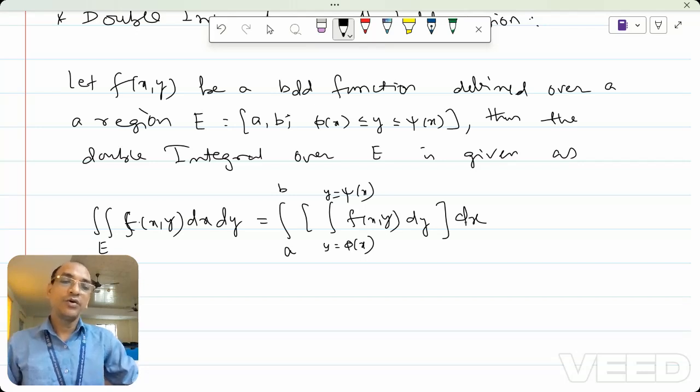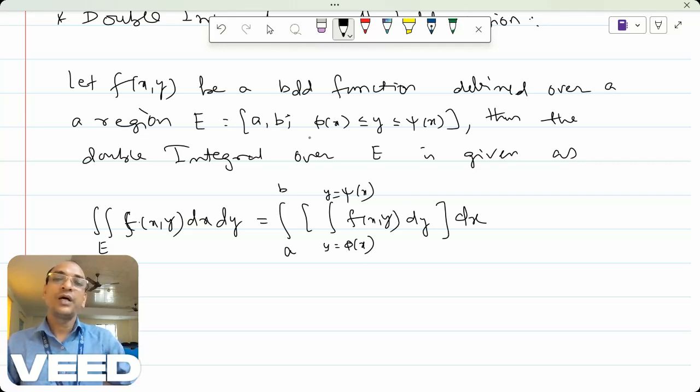That means the variable whose integral limit is constant will be the outer integral, and the variable whose limit is a function will be the inner integral. Since here the limits of y are functions of x, the inner integral will be with respect to y. If the limits of x are functions of y, then I will keep x as the inner integral.